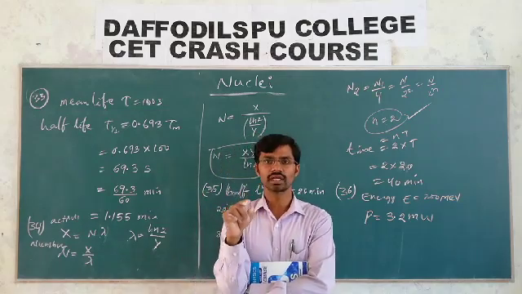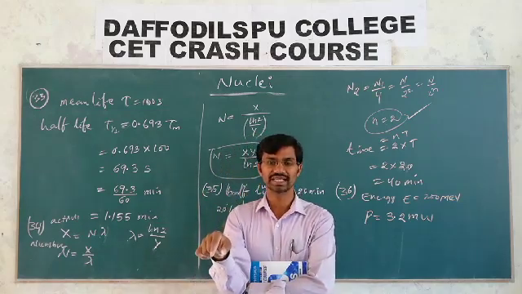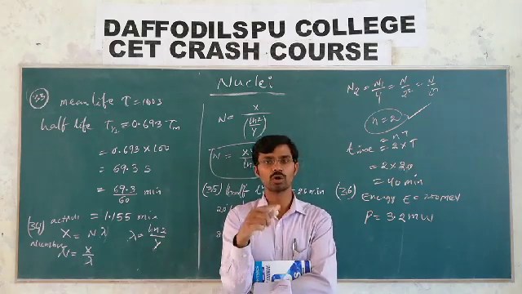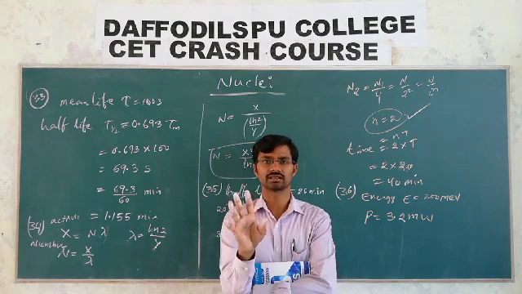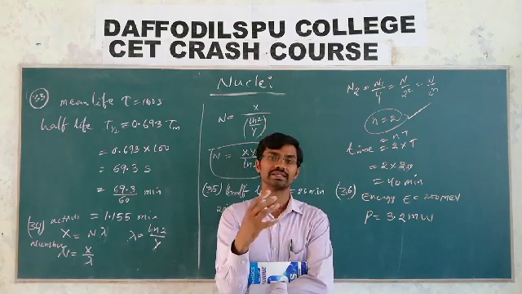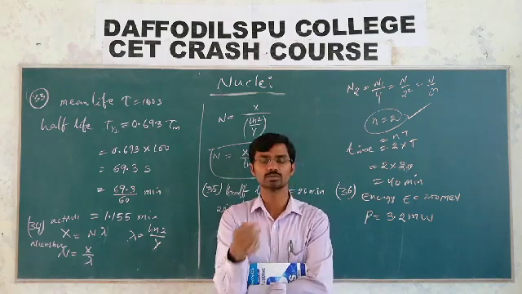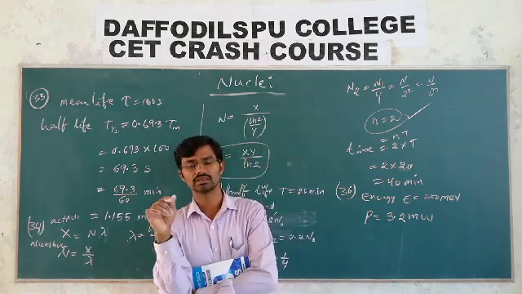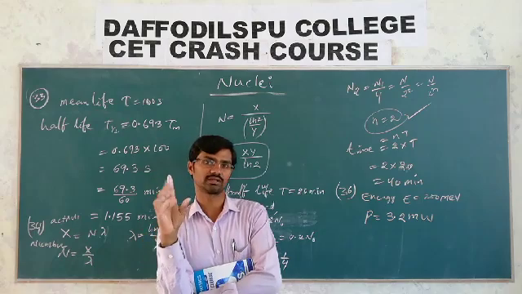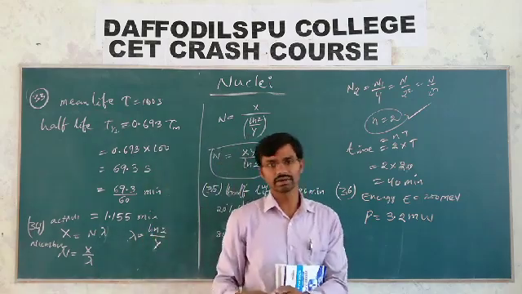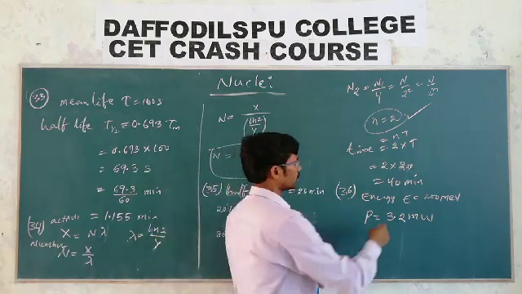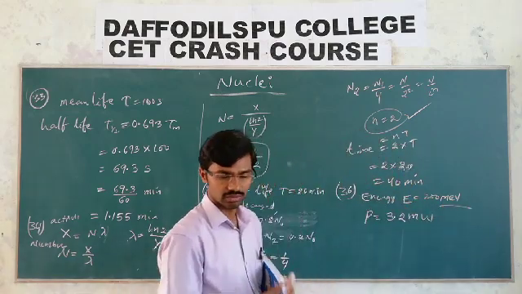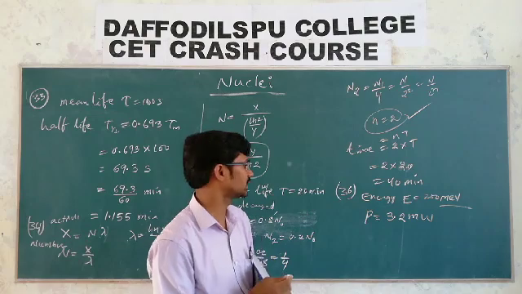The energy per nucleon is more in nuclear fusion, but the energy per reaction is more in nuclear fission. So on average, for one nuclear fission reaction, 200 MeV of energy is released.